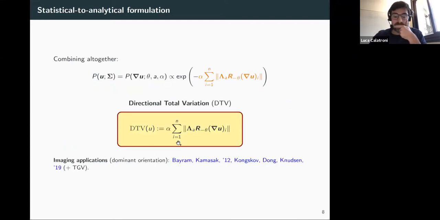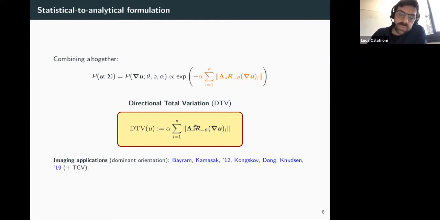Quite interestingly, it relates to a nowadays popular image regularizer, in particular the one that was first introduced in 2012 by Ramani Kamasak, under the name of directional total variation, and then extended more recently to the continuous framework by Ichudong and co-workers.